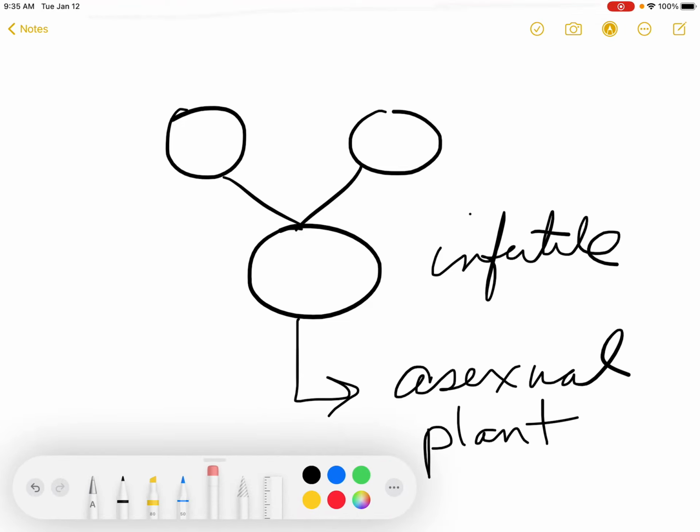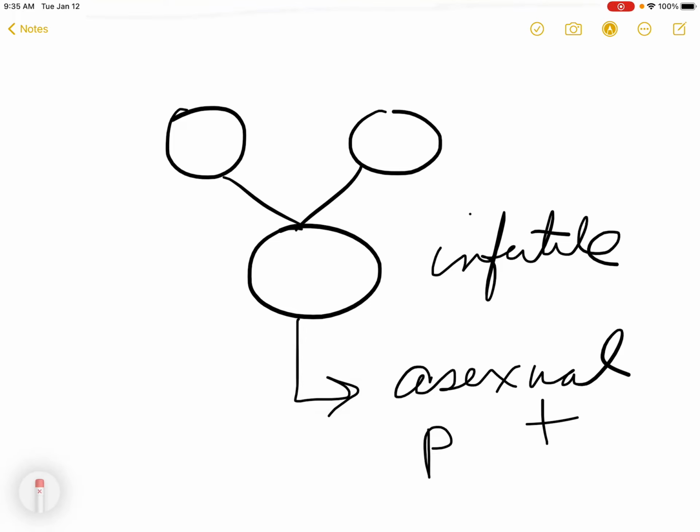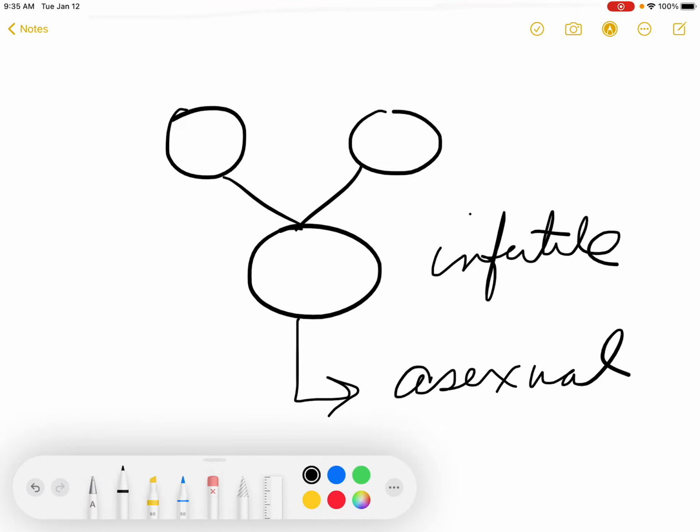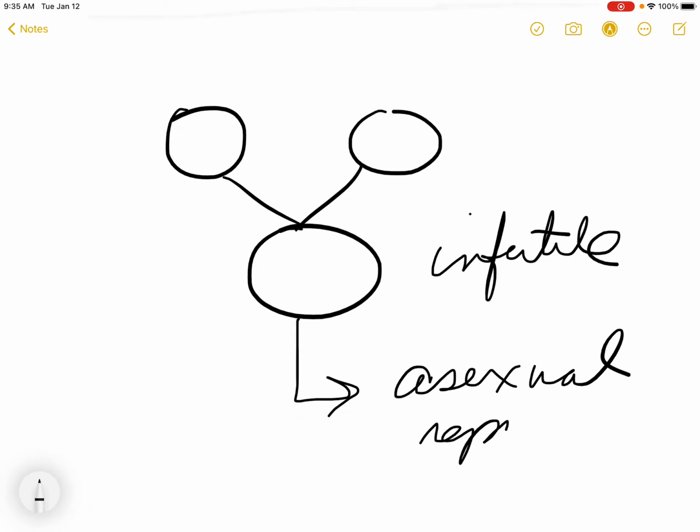So sometimes you'll see a sympatric speciation where there'll be an odd meiotic mistake that causes a mutation or a change in the gamete. And the gamete is not going to be able to reproduce sexually anymore, but asexual reproduction is possible.